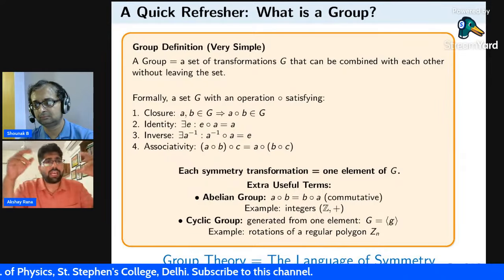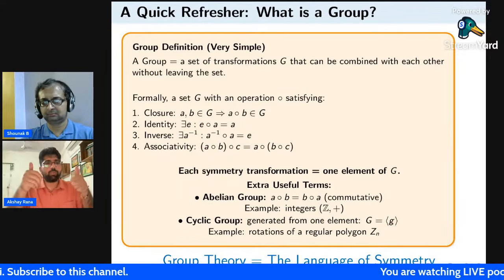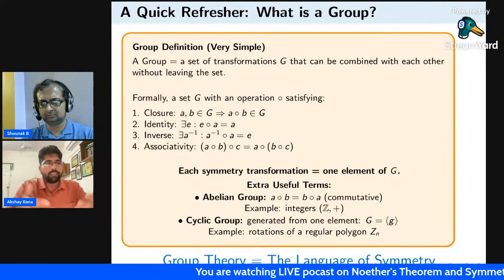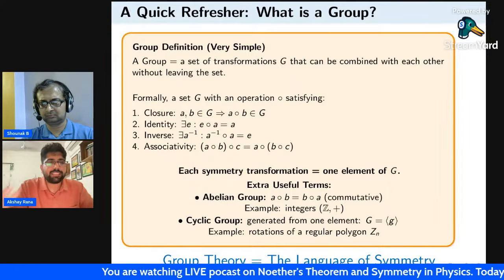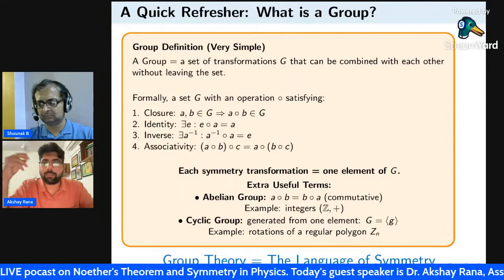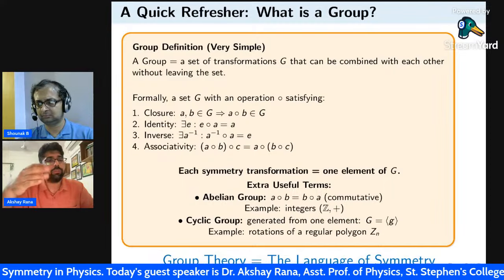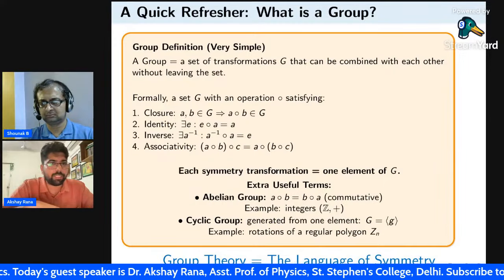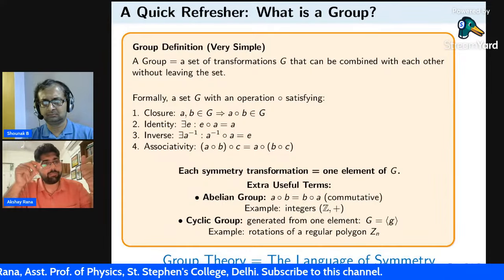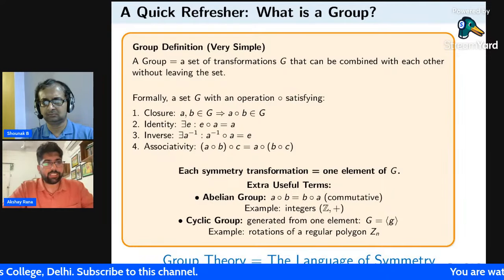It is supposed to have a few properties, which we call the closure property. Closure property means that if two elements A and B are part of a set, then if you apply the operation, A plus B, let's say in the case of the real set or integer set over the plus operation, then A plus B is also an element of G. Similarly, there is going to be an identity, meaning there is always an element which you apply on a certain set, and there is no change in the system.